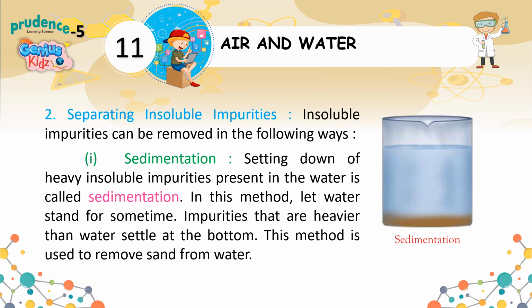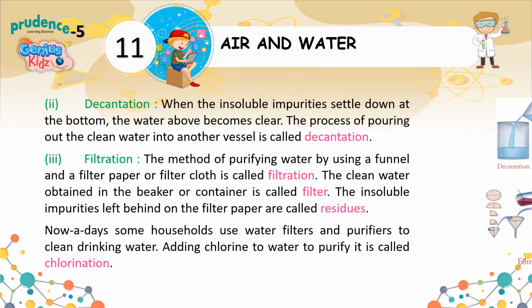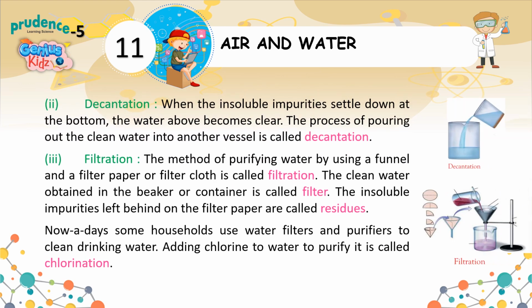This method is used to remove sand from water. 2. Decantation. When the insoluble impurities settle down at the bottom, the water above becomes clear. The process of pouring out the clean water into another vessel is called decantation.